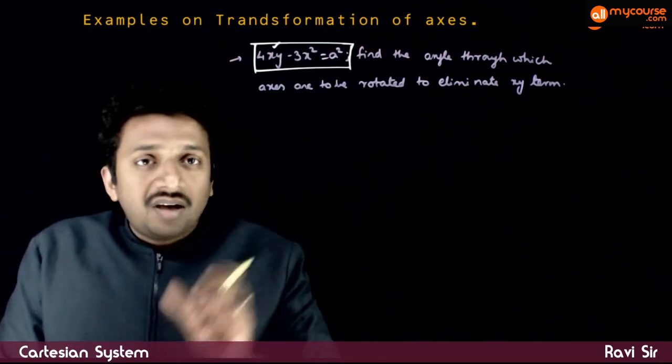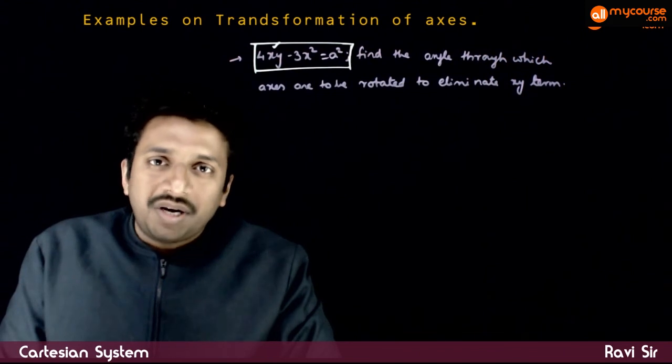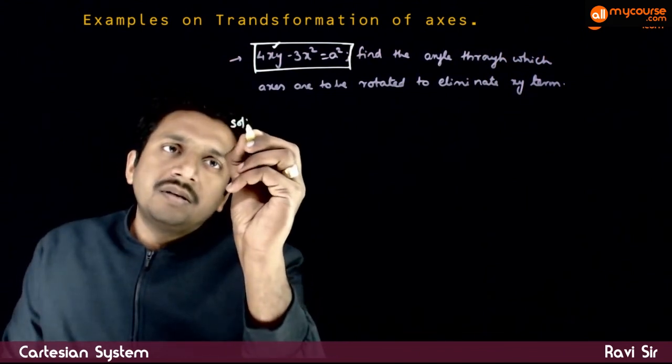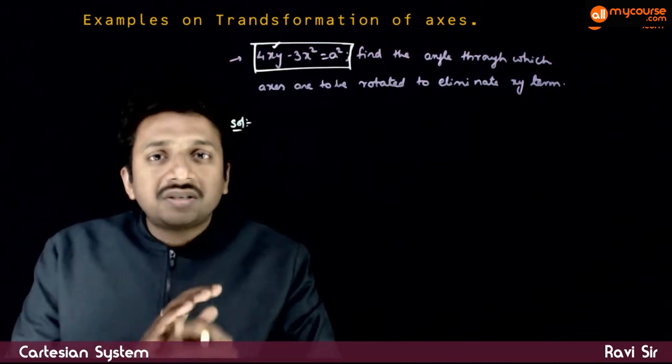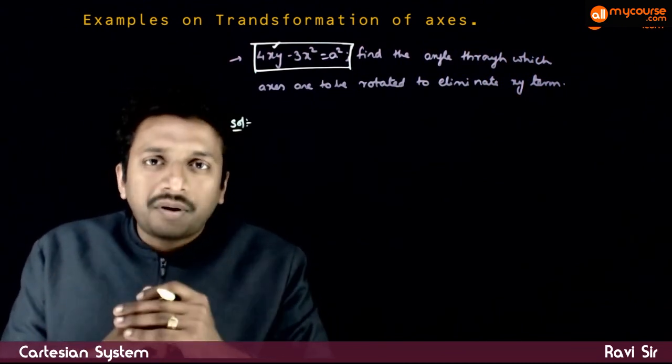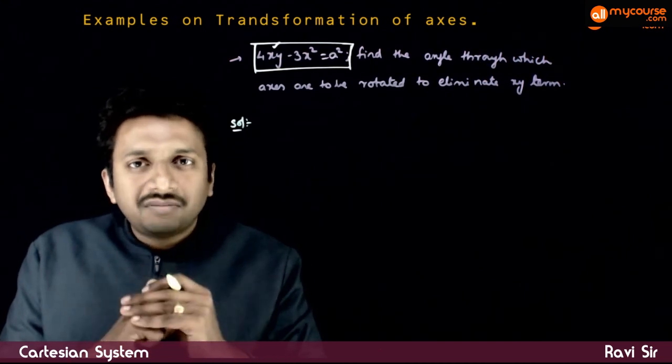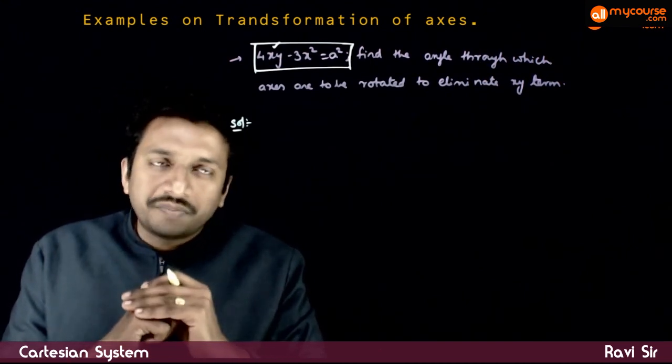For that case, how much angle has to be rotated? That's the question. Here, the angle is unknown, but some condition is given, so we'll apply the condition and try to solve the equation.